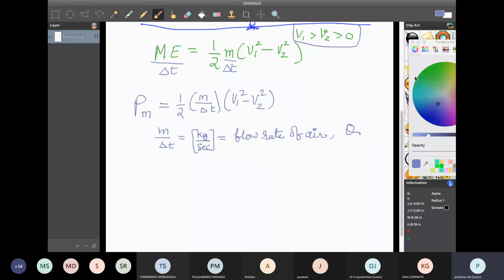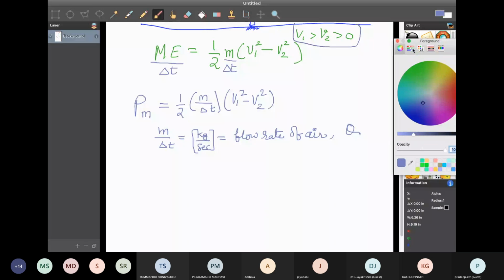So how to eliminate the variable m? I take what is called rho, A and V.